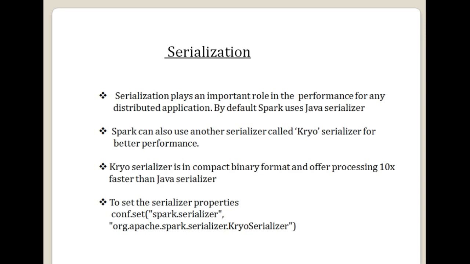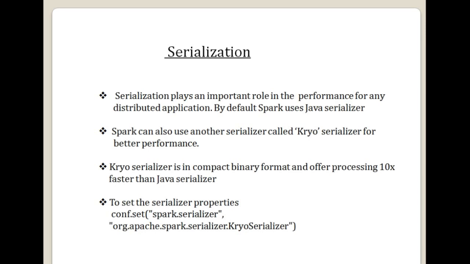Instead of the Java serializer, Spark can also use another serializer called Kryo. This Kryo serializer gives better performance as compared to the Java serializer. Kryo serializer is in compact binary format and offers approximately 10 times faster speed as compared to the Java serializer.